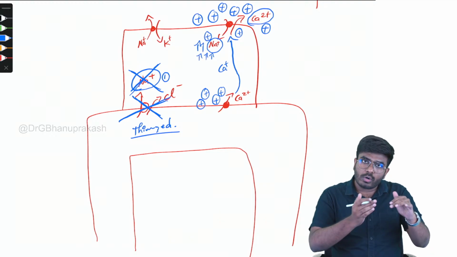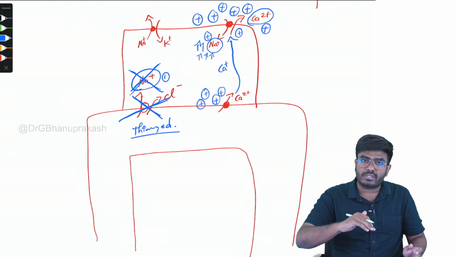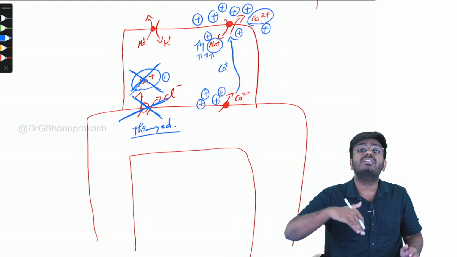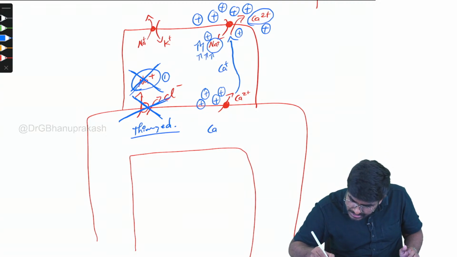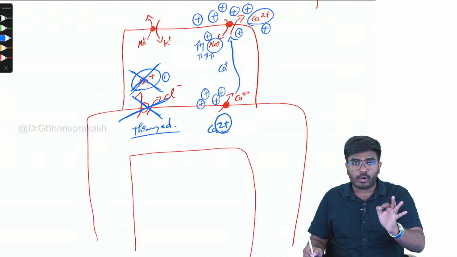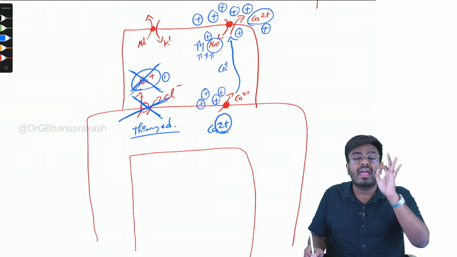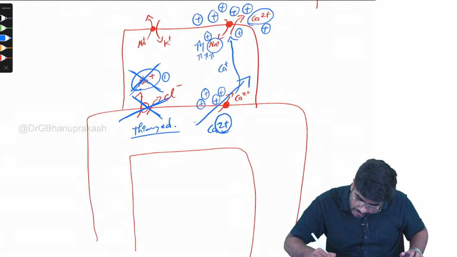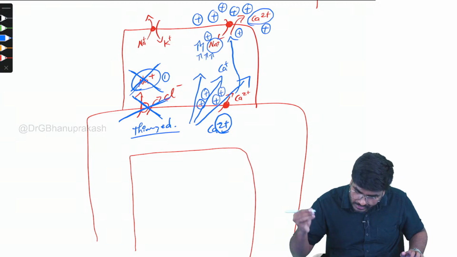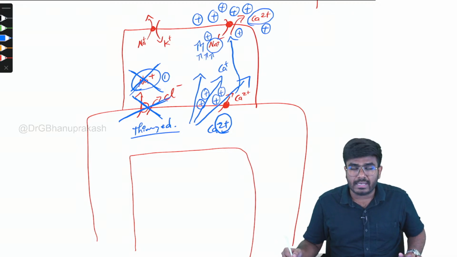In order to bring more sodium into the cell, it has to throw more calcium out of the cell, and it gets the calcium from here. So what I am trying to put into your mind is very, very important. Whenever you use thiazide diuretics, calcium reabsorption will be increased. More and more calcium will be reabsorbed into the cell.